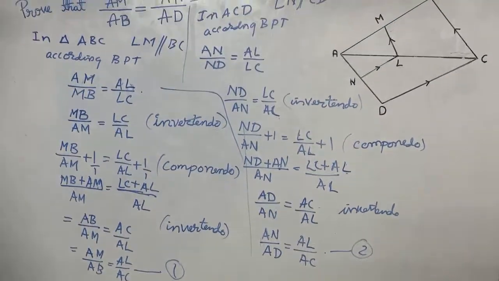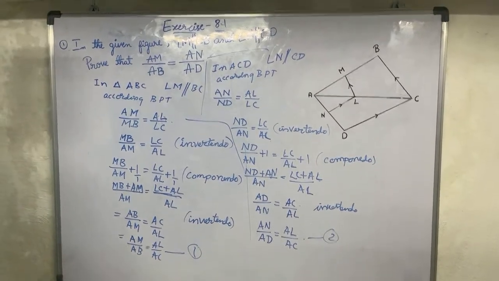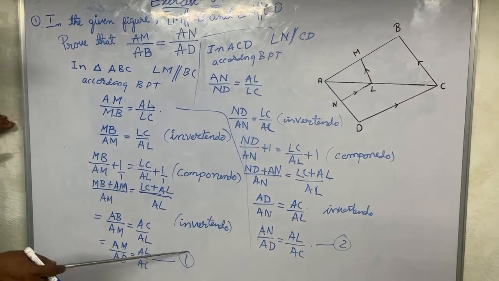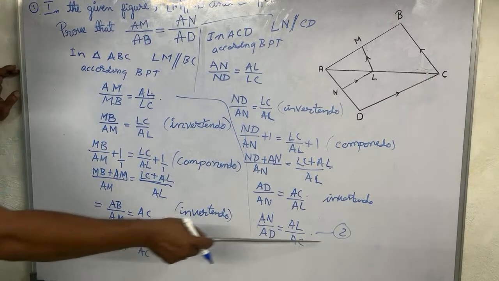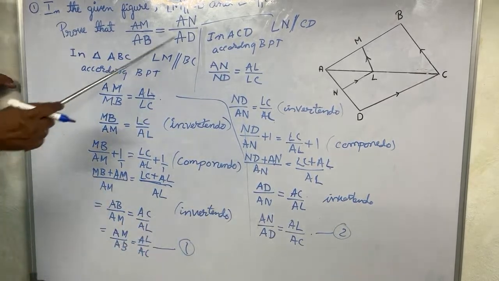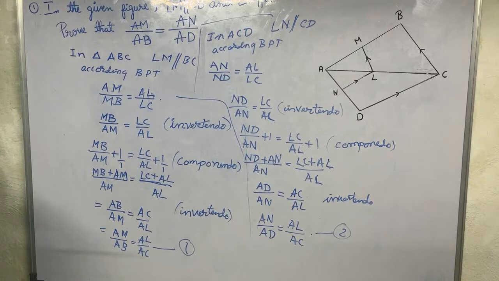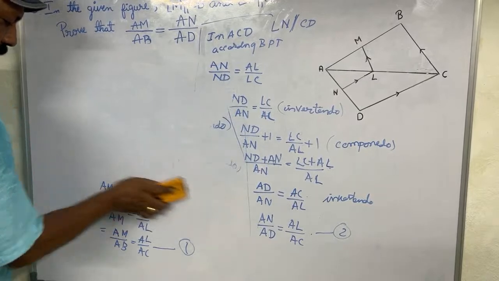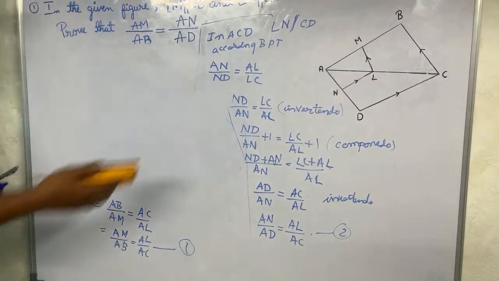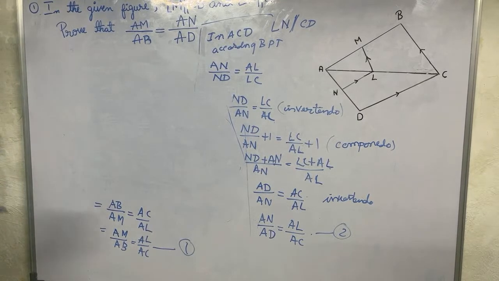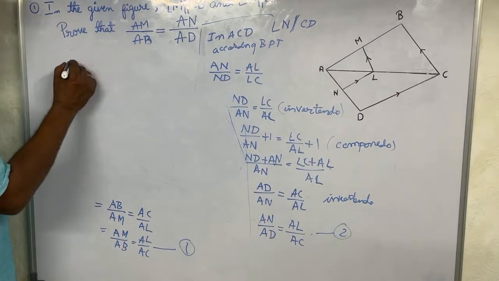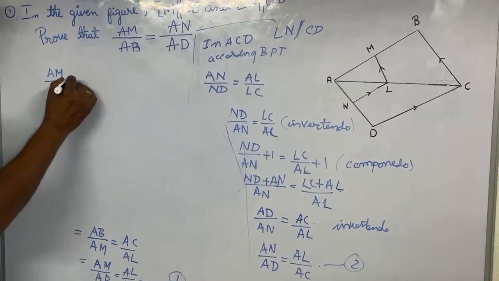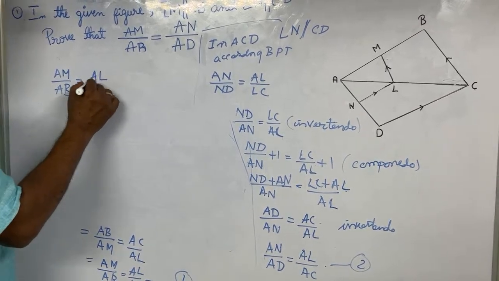Now we got the two equations very clearly, and what we are going to do is equate equation 1 and equation 2. If we equate these two, we should get the final equation. Let me check once whether we get it. The first equation: AM by AB is equals to AL by AC.